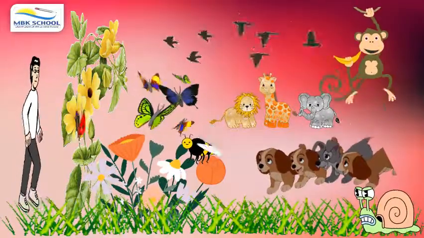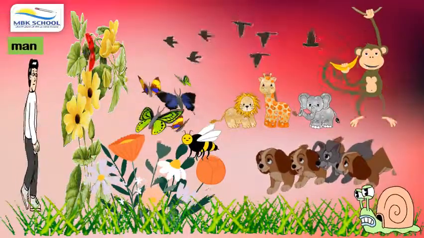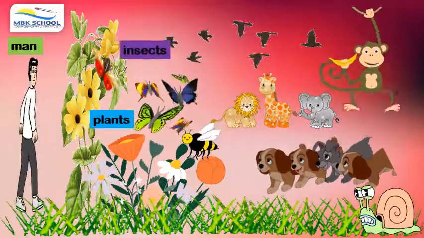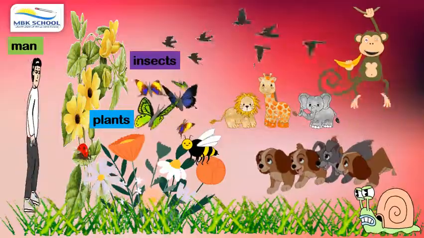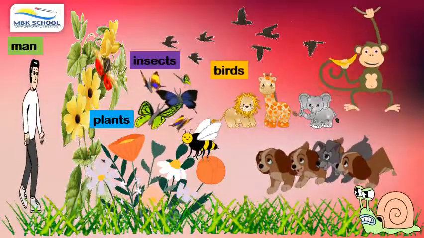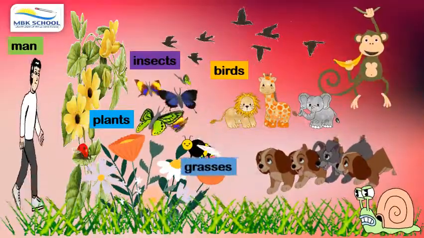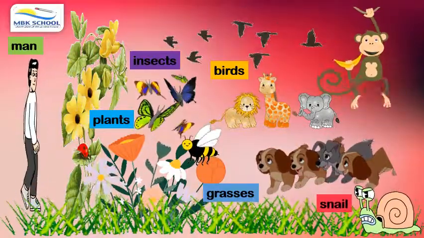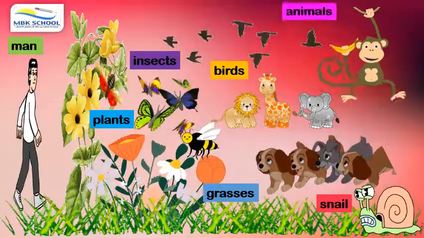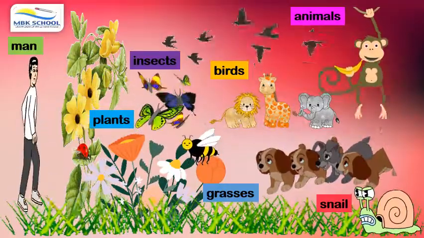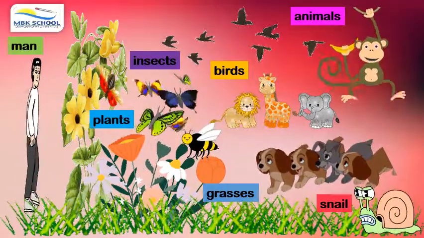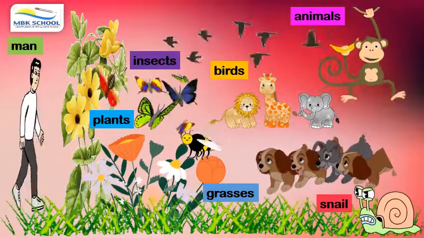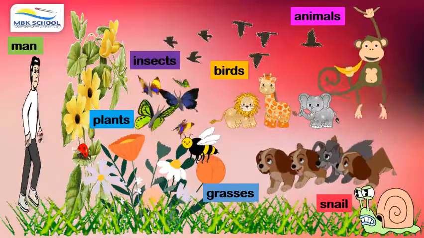Look at this man walking, plants growing, insects flying, and at the same time birds flying, grasses moving, snails sliding, and animals jumping and wagging. So my dear students, these are the examples of living things.